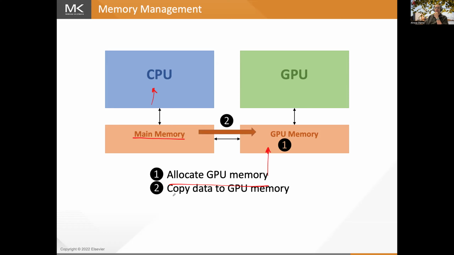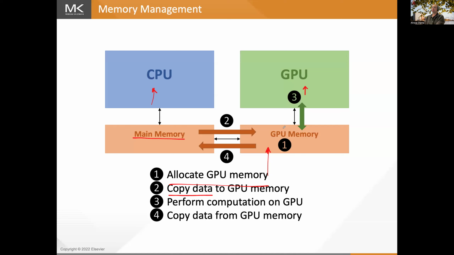Then you transfer, or more accurately, copy the data from the main memory to the GPU memory, right? Then you perform the computations that you want that is parallel or can be parallelized on the GPU. And finally, you return the results from the GPU to the main memory. And after that, you have to deallocate the memory that you allocated on the GPU.